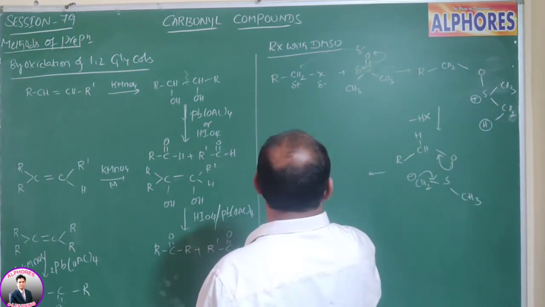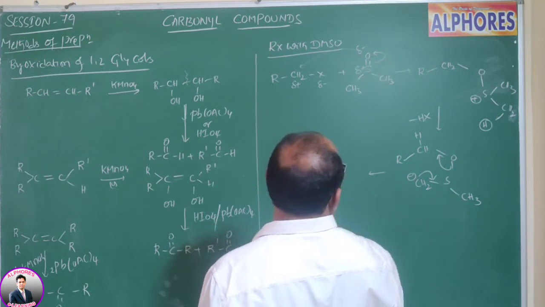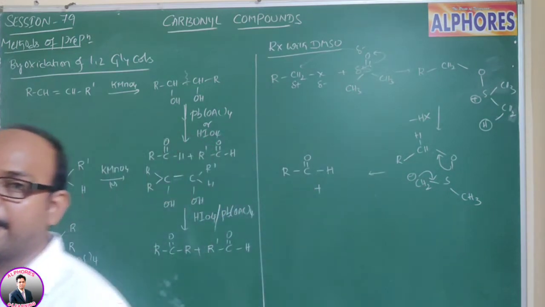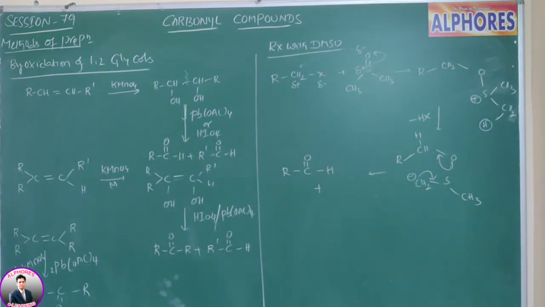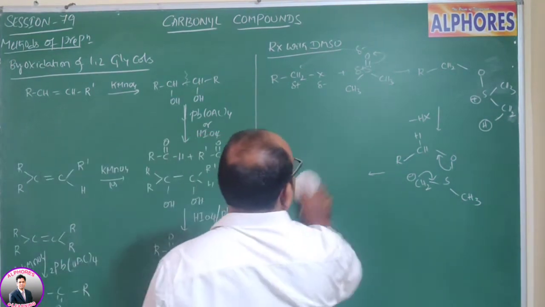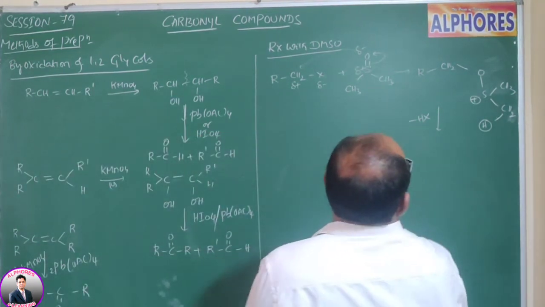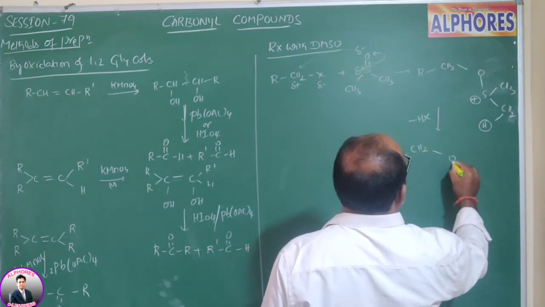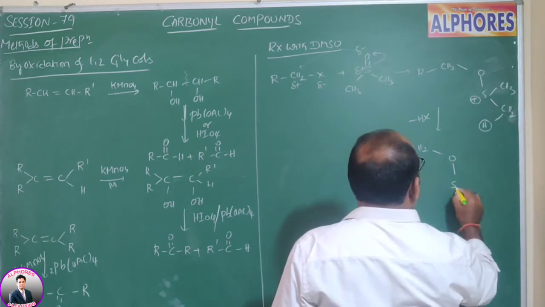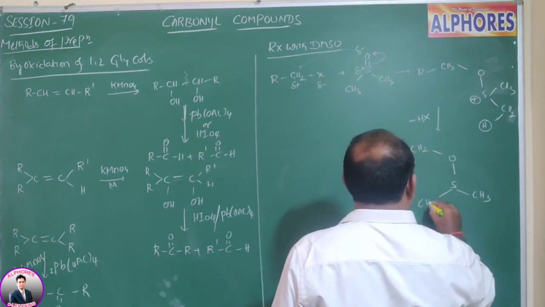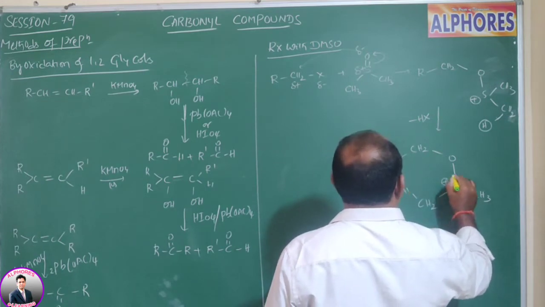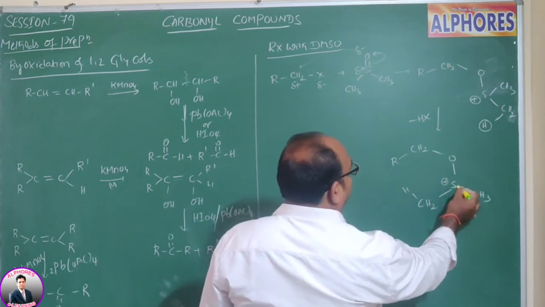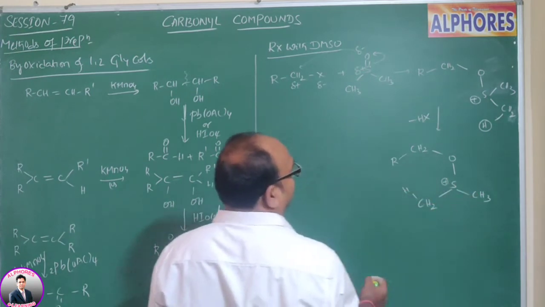Then we are getting R C double bond O H plus, here we are getting RCH2O and sulfur. Here this methyl group and this CH2, it is going to bear a positive charge. Now because the sulfur bears a positive charge, this carbon containing hydrogen is acidic.